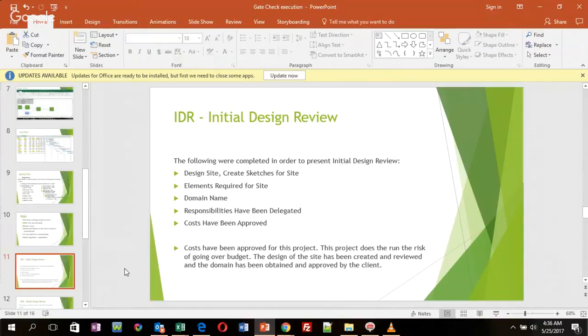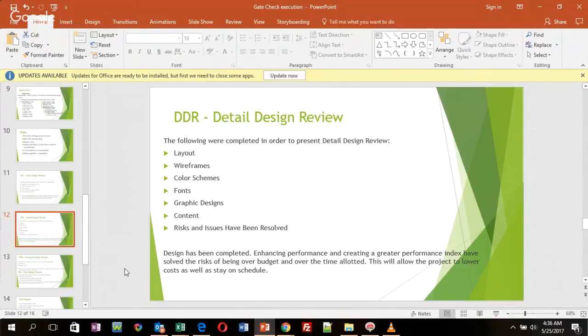Now with the cost and everything being approved, we started the project. Even though we ran the risk of going over the budget, we were able to complete it. The design of the website was created and reviewed, and the domain was also obtained by the client.